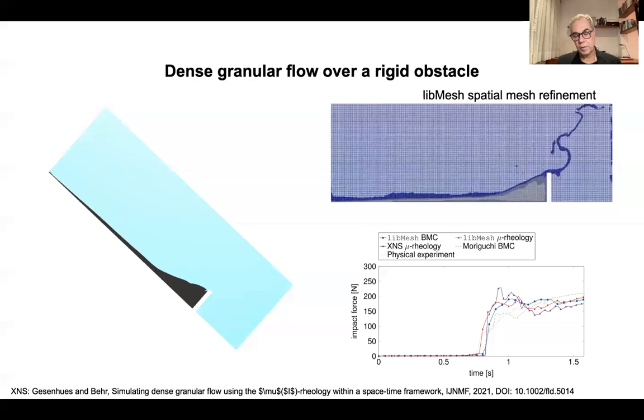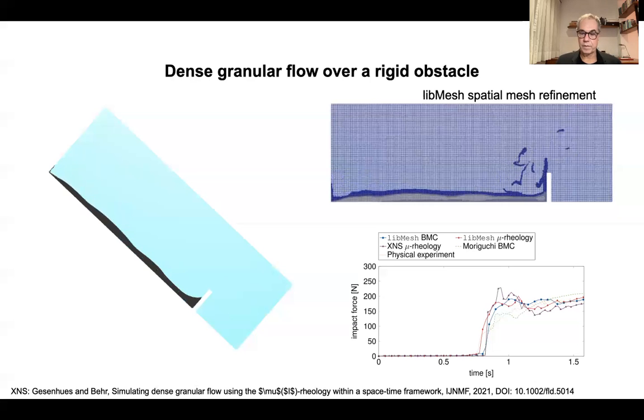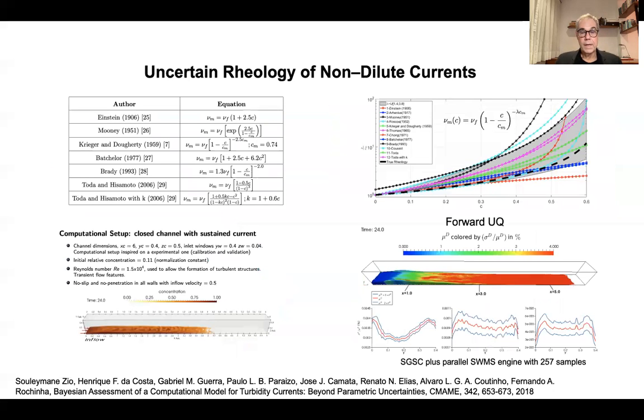We can see that our simulations reproduce very well the time of impact, but there is some discrepancy in the magnitude of the impact force. But anyhow, this is considered a very good result.